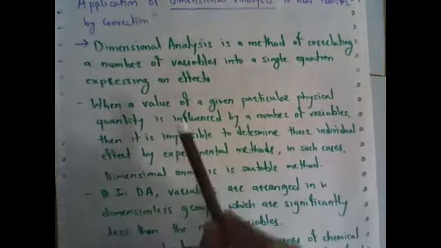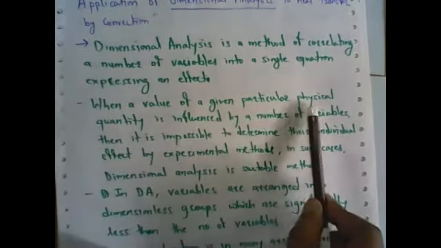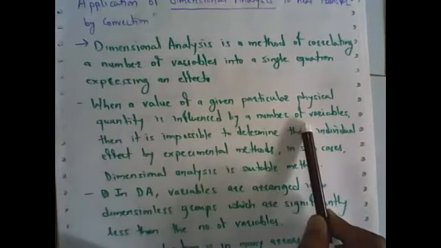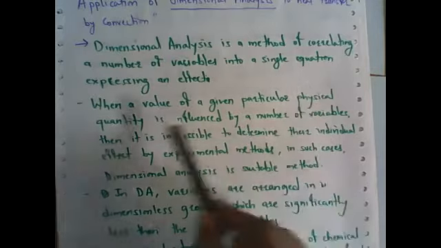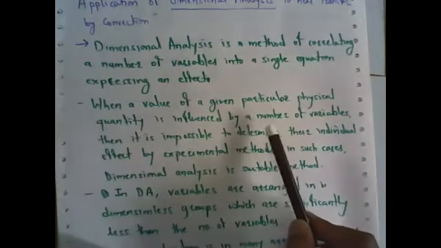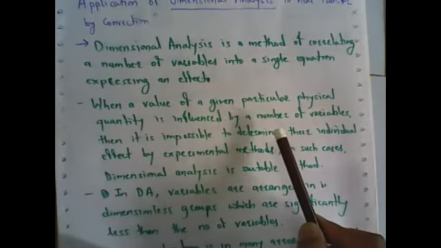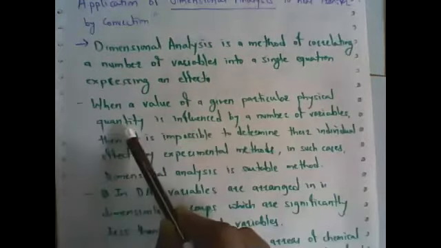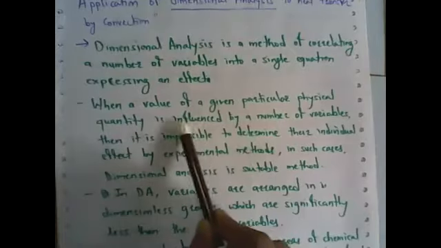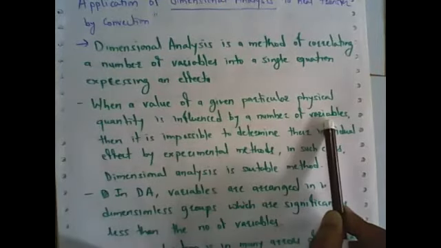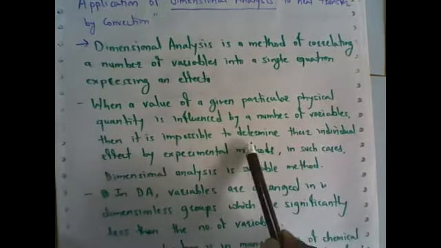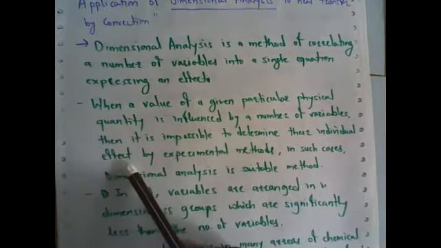When the value of a particular physical quantity is influenced by a number of variables, suppose the physical quantity may be anything, that may be heat transfer coefficient, density, viscosity, etc. If this physical quantity is influenced by a number of variables like parameters, that may be velocity, diameter, length, etc., then it is impossible to determine their individual effect.